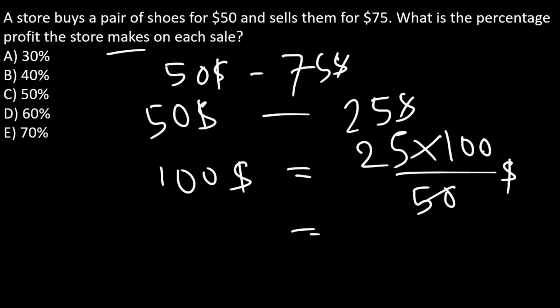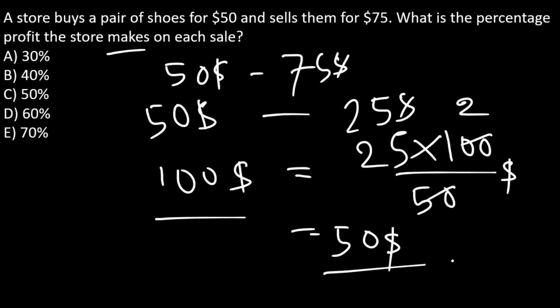So here 25 goes over 50, so 2 times 25 equals to 50. For $100 they are gaining profit $50. It's 50% profit the store is making. Option C will be the answer.